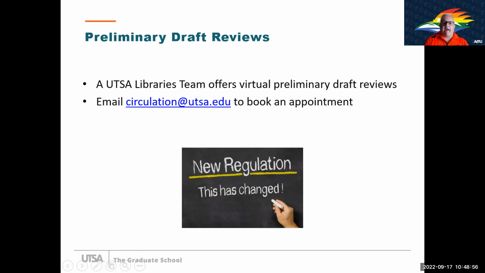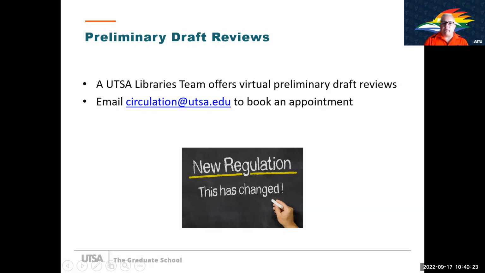There's a full team, I think anywhere between 4 to 6 people, that review your document, your preliminary draft as we call it, and they look for any formatting abnormalities to make sure that when you are submitting your final document, there is as little issue as possible.